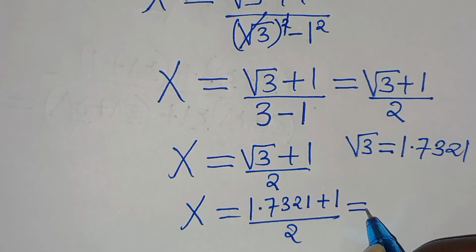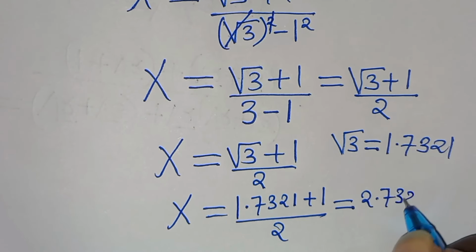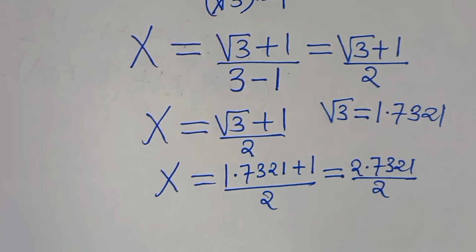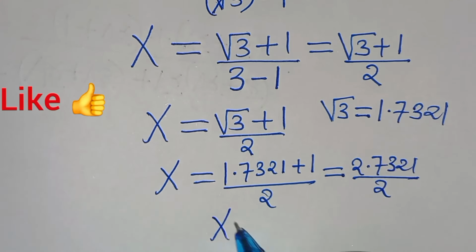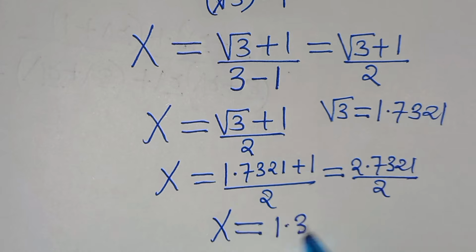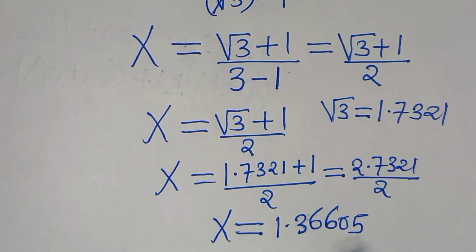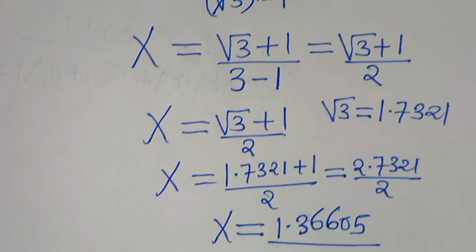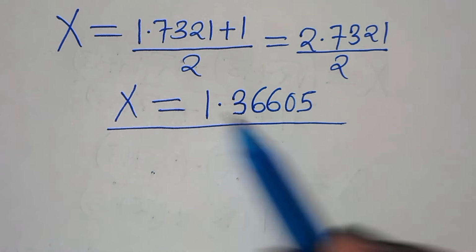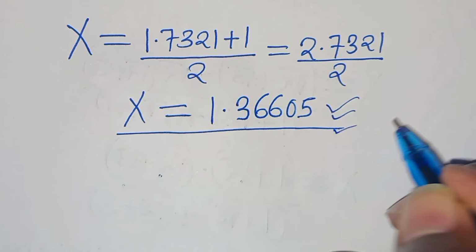And this is equal to 2.7321 divided by 2. And this implies that now we have the value of x here equal to 1.36605. So this is the value of x. And this is the solution to this. So the value of x is 1.36605, and this is the solution to this problem.